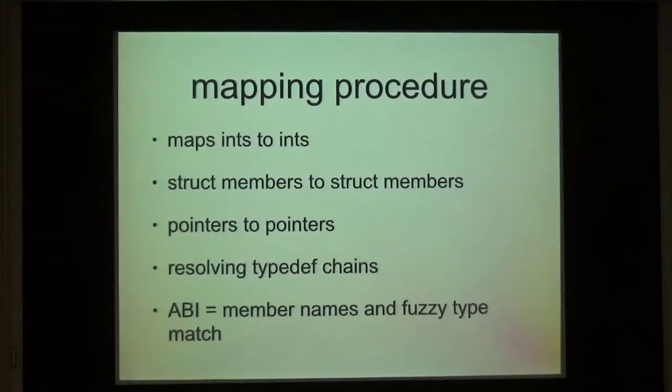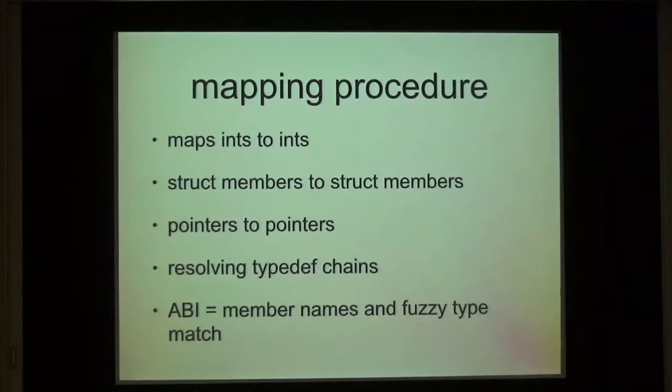And apart from the member name, also the types have to match, although not completely. When there is an integer, I don't care very much about the size of the integer. I care about the sign, but I don't care much about that. The same goes for, for example, mapping pointers to integers. That's okay too.